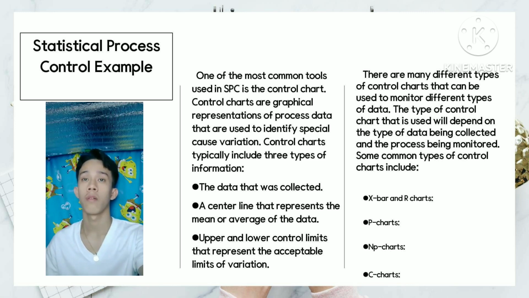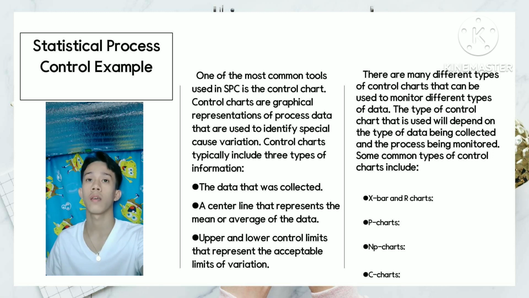Okay, let's talk about the statistical process control example. As commonly known, variation is a natural phenomenon. Due to this, it is impossible to create a process that is free of all variability. However, it is possible to monitor and control the amount of variation in a process so that it remains within acceptable limits.